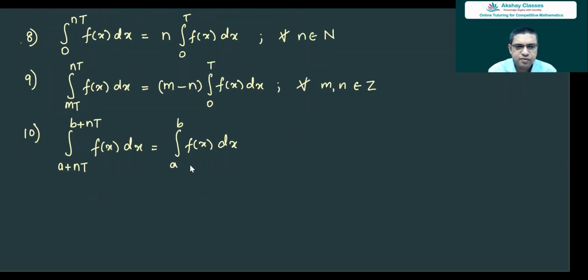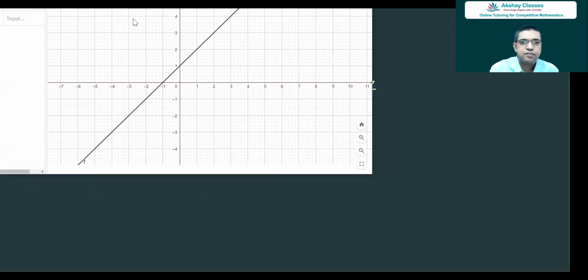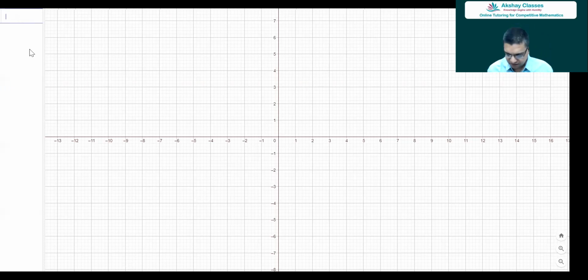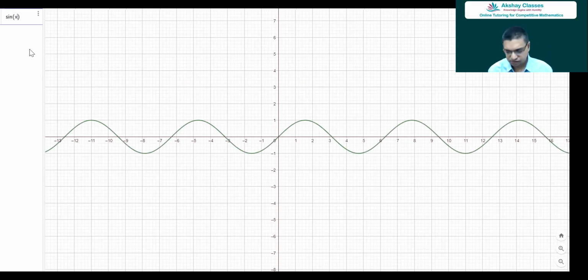So let us take, for example, a periodic function, sin x.